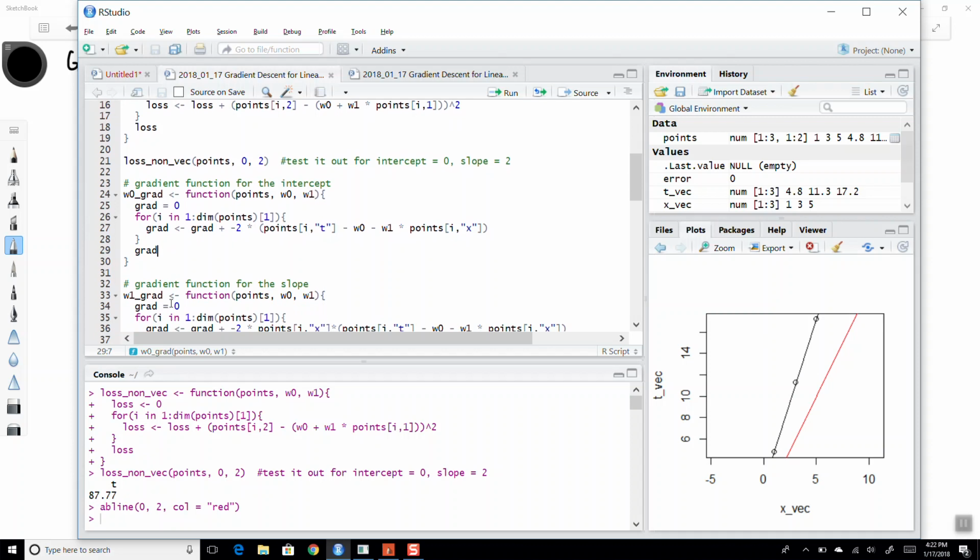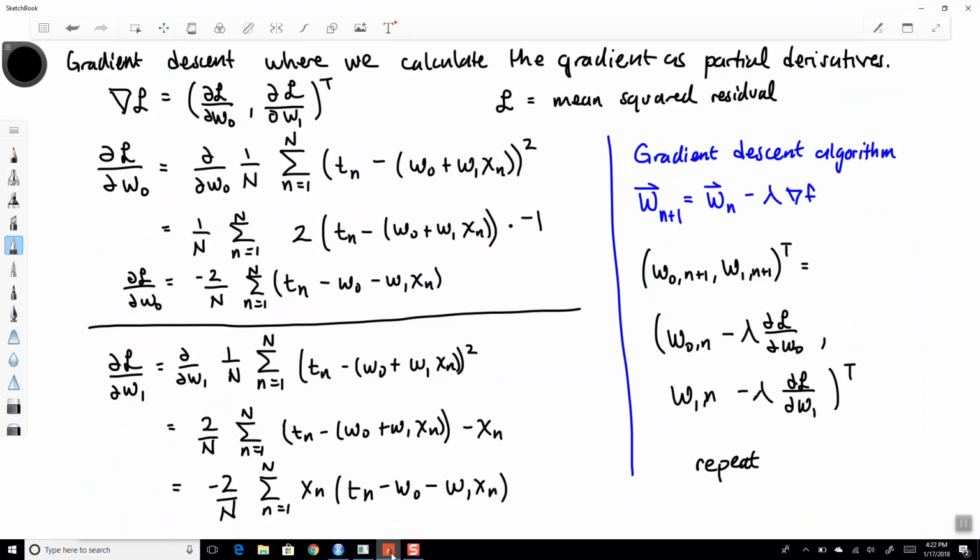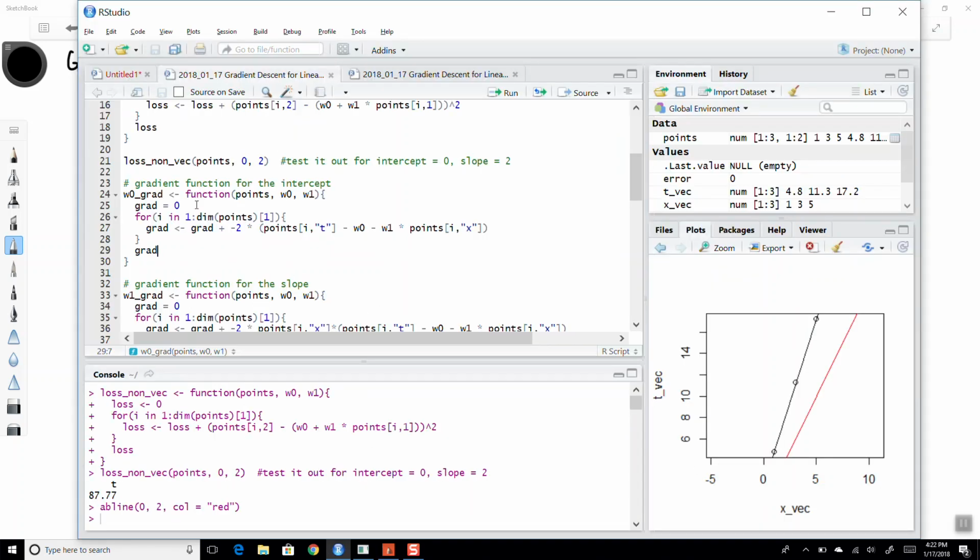Okay, we calculated the gradient, and I hope I did the same math here. The gradient with respect to W0 is we're going to add up for all the points t sub n minus W0 minus W1 xn. We start off with the gradient, and then -2. Again, I guess I got rid of the 1 over n term.